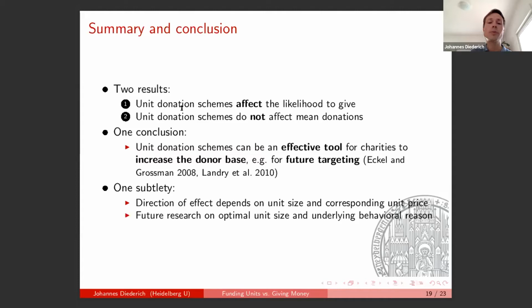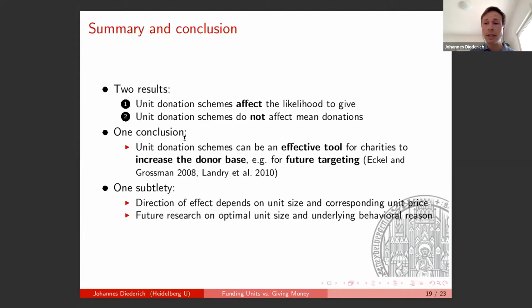What we conclude from this is that the unit donation scheme can be an effective tool for charities to increase the donor base. For example, it had been shown that if you already have people in your address space and you retarget them, you can increase giving by them. So charities may use this tool for future targeting.